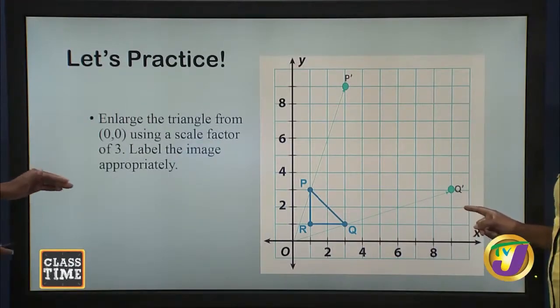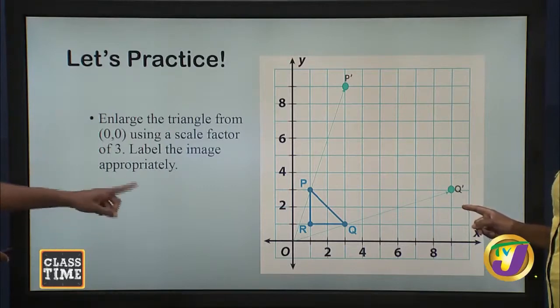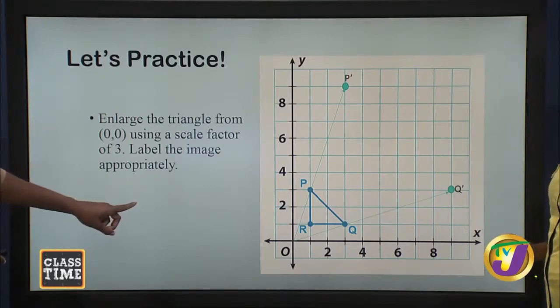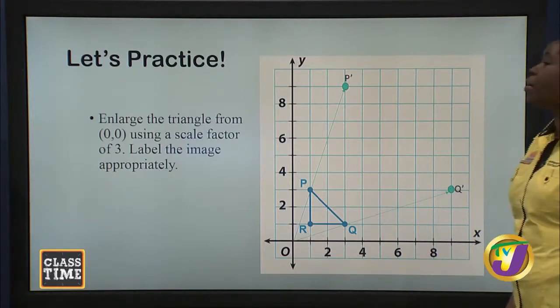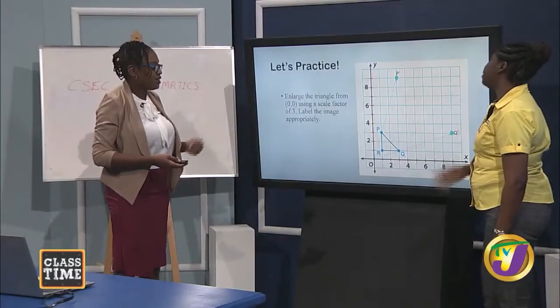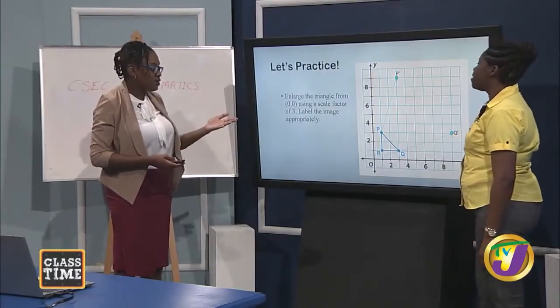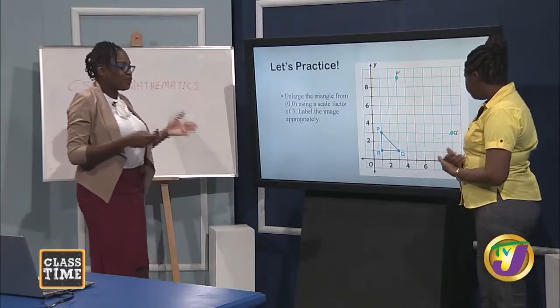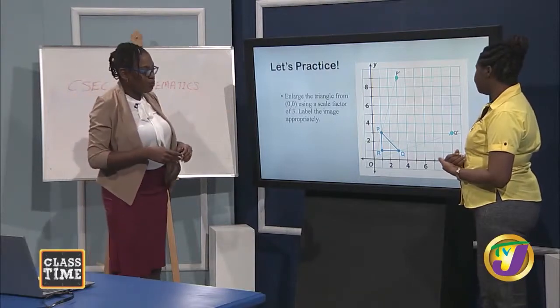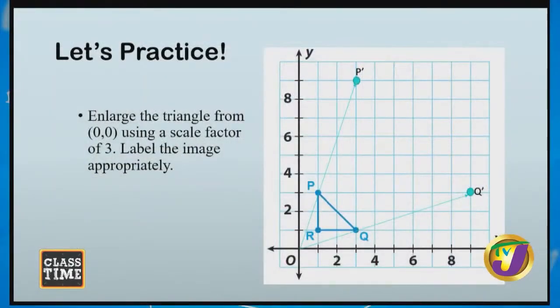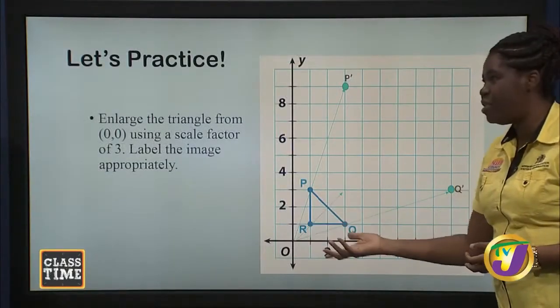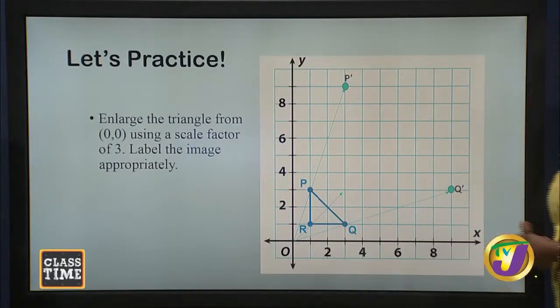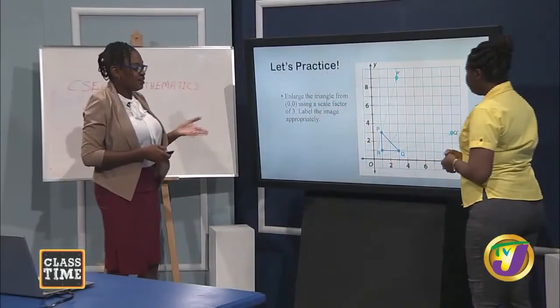So I can tell that for point Q, the y coordinate would have been 1. I multiply the 1 by the scale factor of 3, which gives me 3. So therefore, the coordinates of Q prime would be 9, 3. Because the y coordinate for Q was 1, and I multiply that by 3. Awesome. All right, so finally, let's look at R.